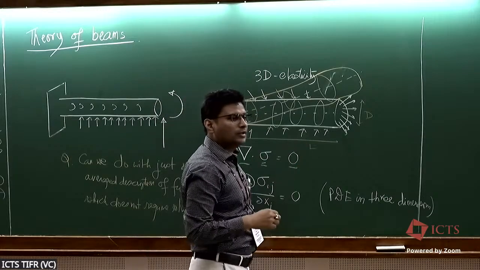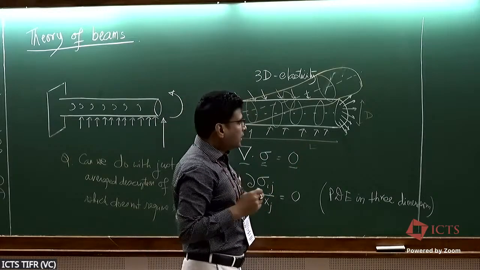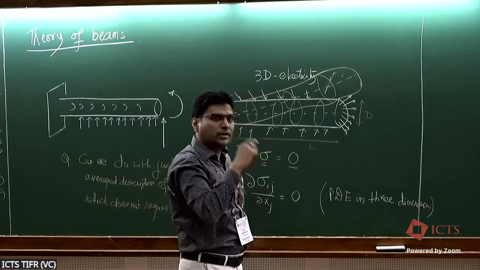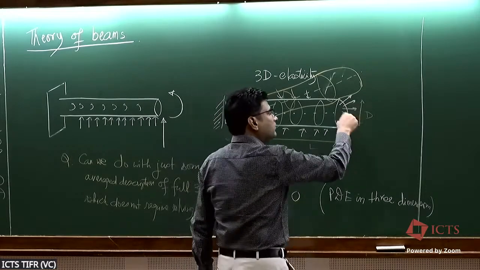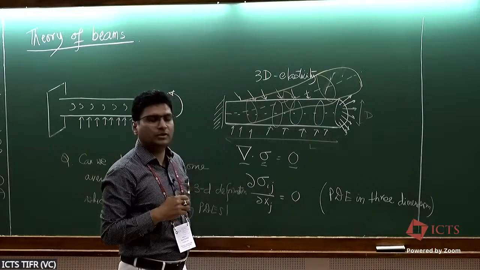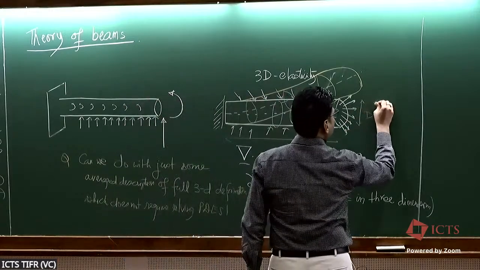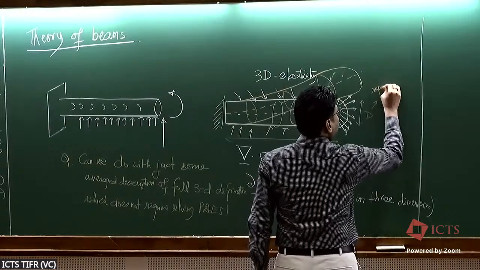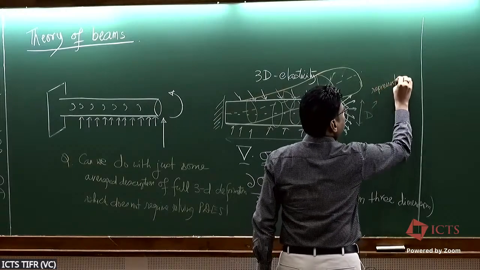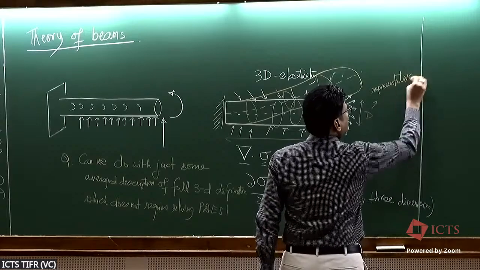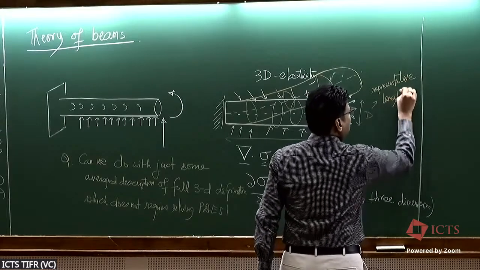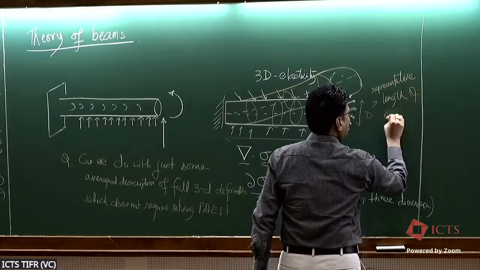It can be rectangular, or it can have an arbitrary shape. And in that case, D will denote some representative length of the cross-section, okay?